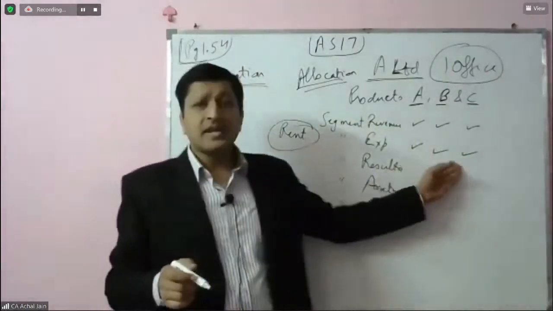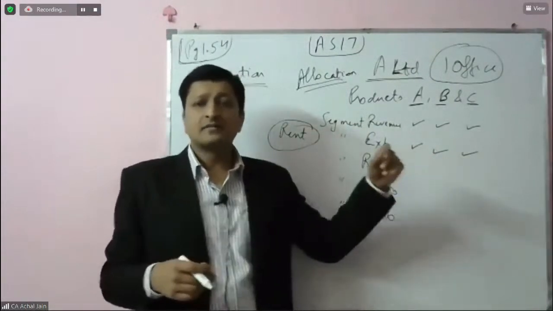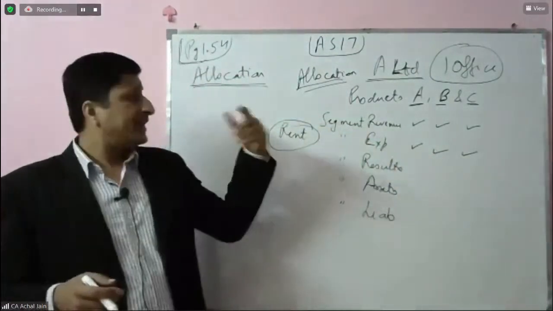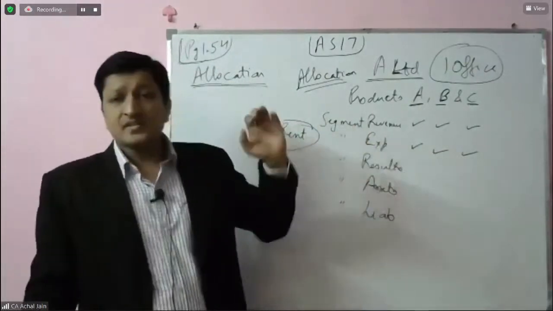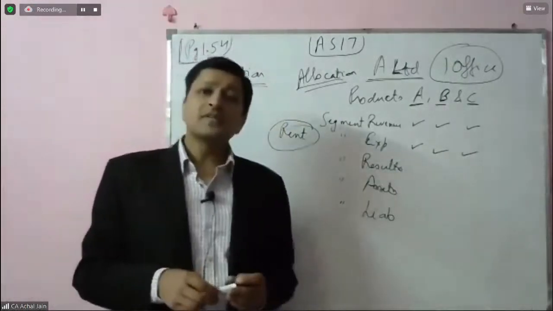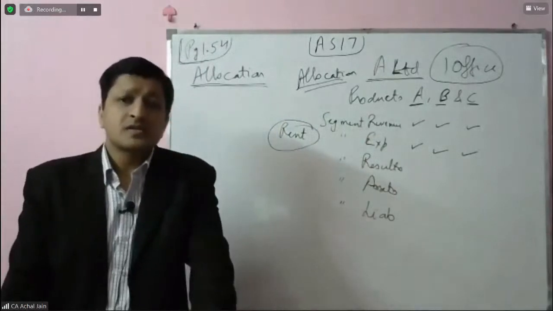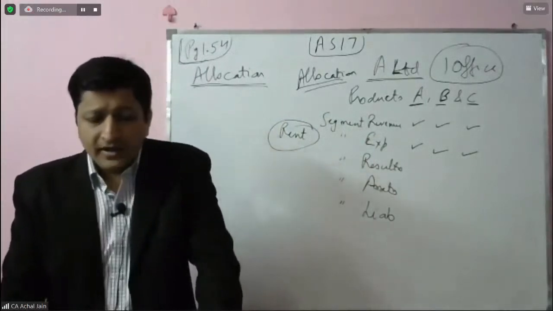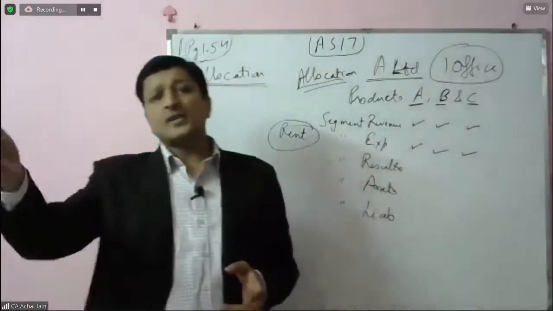Maybe on the basis of the area towards the staff which is occupying the space in the office. So this can be one of the bases. And some of you will definitely have a question on this: why is this basis followed? Why not some other basis?